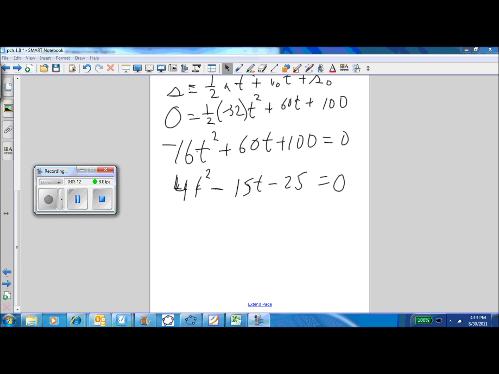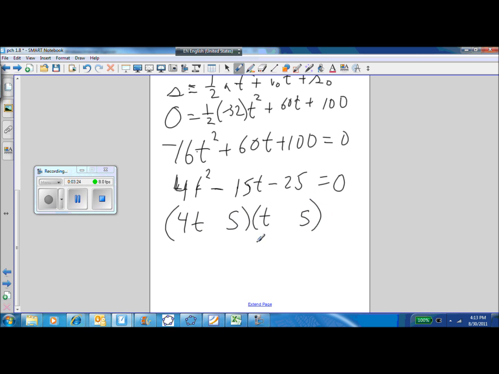I put the values in, and check this out, it factors: 4t, t, 5, 5. Let's make this one negative and this one positive. Yeah, negative 20 plus 5 is negative 15t.